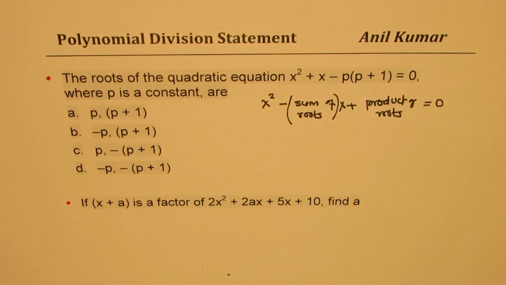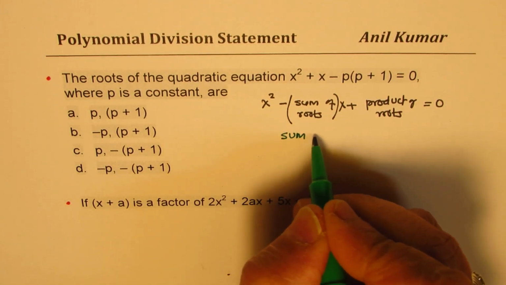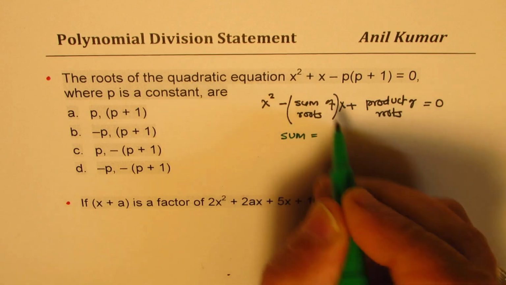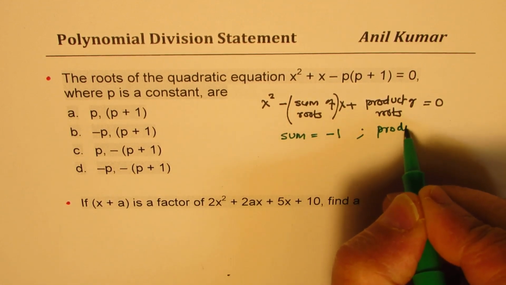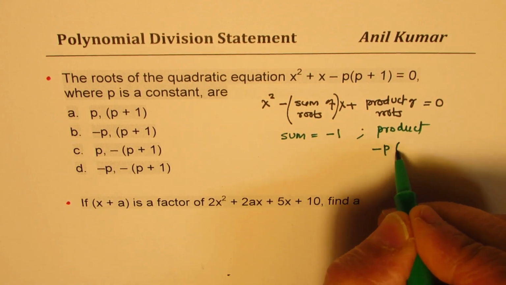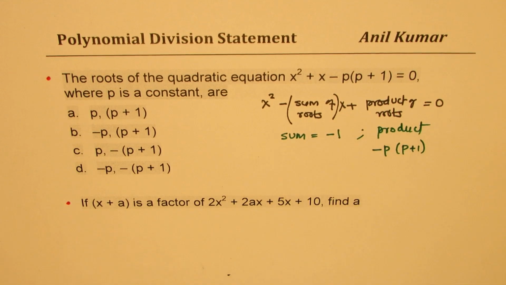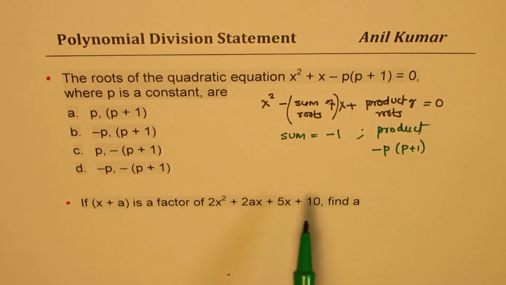Now if you compare, what you notice here is that the sum is equal to minus 1, and the product is equal to minus of p times p plus 1. Correct? So that is what your sum and product is.